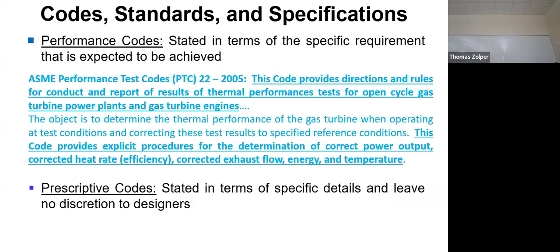But in terms of codes, if we were to at least consider ASME codes like boiler and pressure vessel codes, or in this case, gas turbine codes, there's two main varieties. One is referred to as performance test codes, PTC, I think, and then the other is prescriptive codes. Essentially, in this case, it refers to testing specifically gas turbine engines and using specific procedures to determine corrected power output and exhaust flow and all of that.